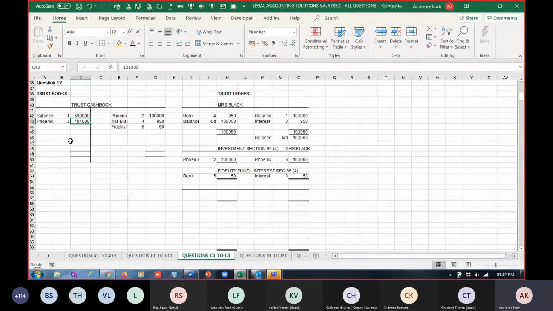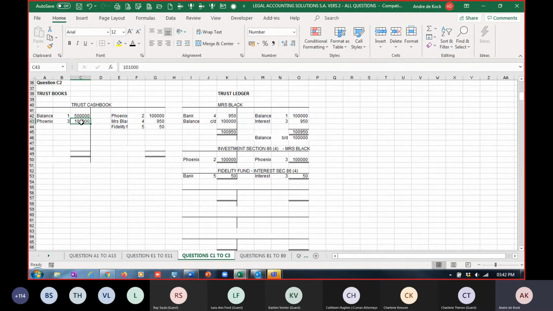Now that 101 is made up of 100,000 rand of the investment and 1,000 of interest. But the interest has to be split, 95% to Mrs. Black and 5% to the Fidelity Fund. So I deposit the 101.